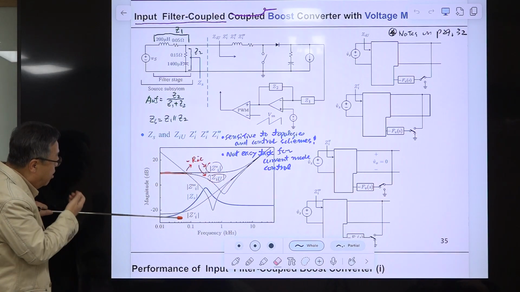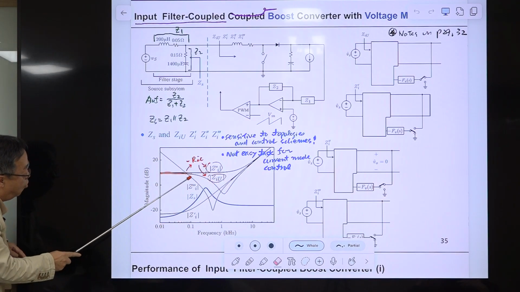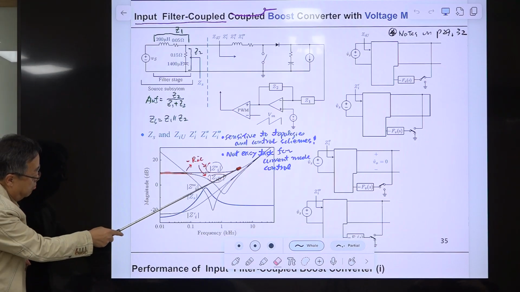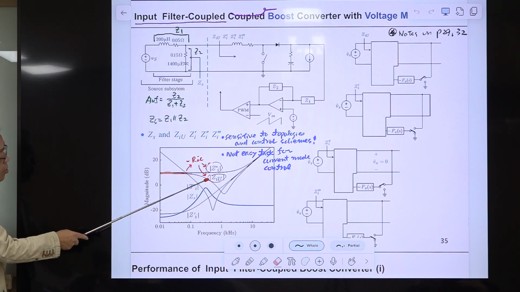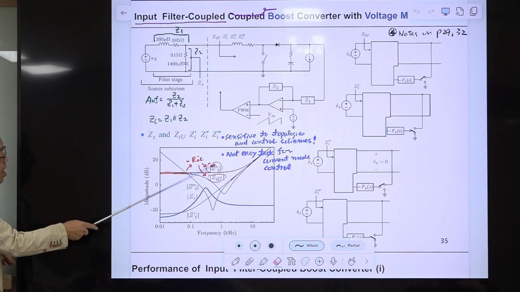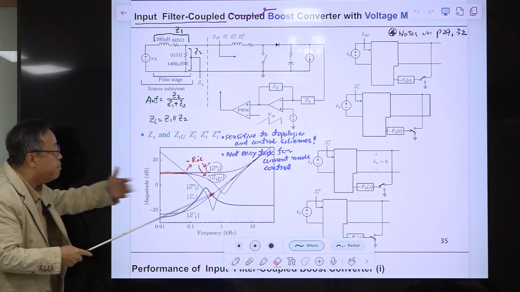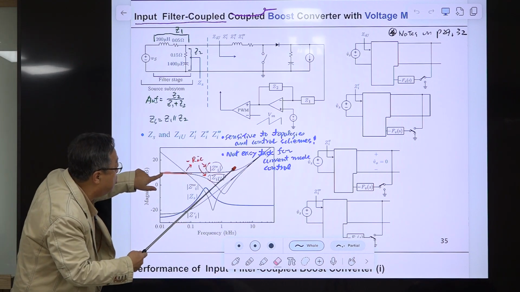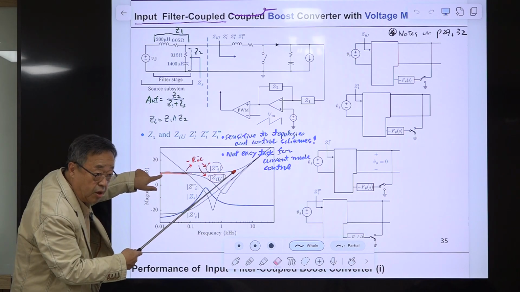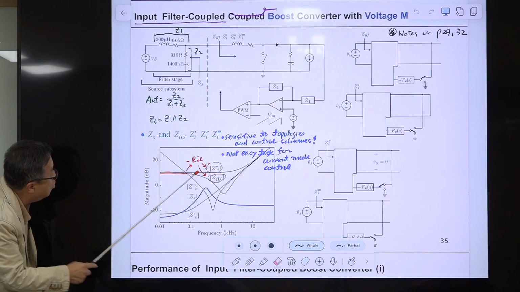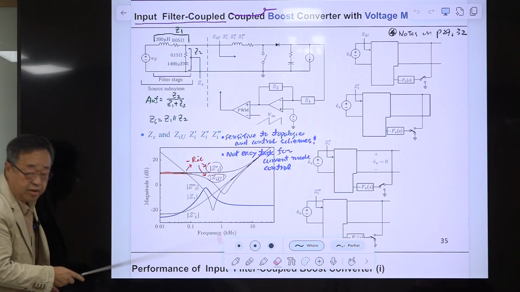Okay, and a very important factor is that at low frequencies, GIU, the input impedance of the uncoupled converter, shows minus R characteristics, and this one, GI double prime, shows the same minus R characteristic for a wider frequency range up to this point. Okay, so maybe this source impedance looks like this.